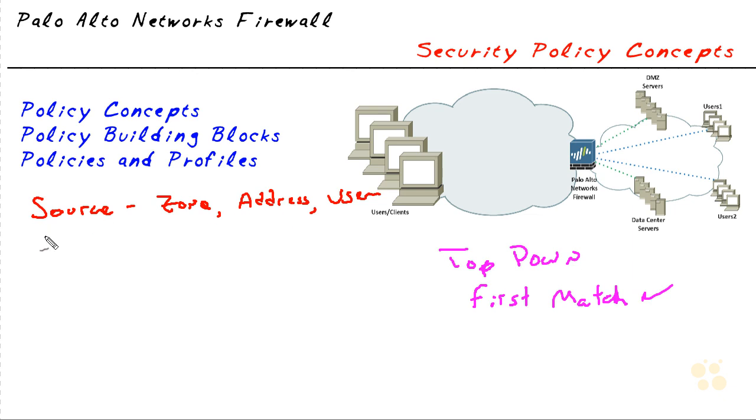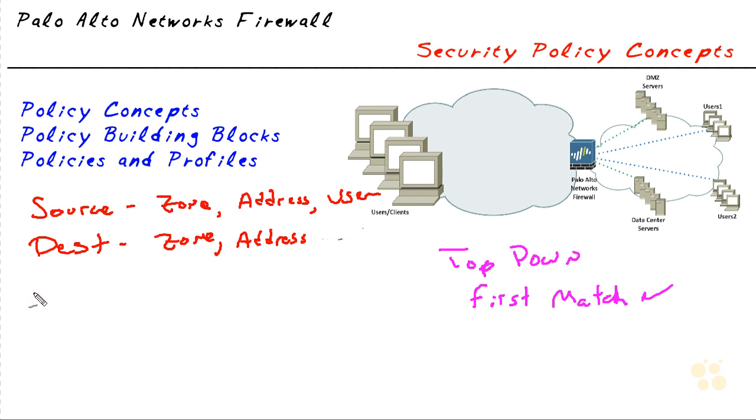We also have a destination, which is going to be the same thing. So zone, address, I'm sorry, no user in that one. Let me erase that part. So user is only going to be on the source side. So zone and address, though, are going to be important for us to have on there.